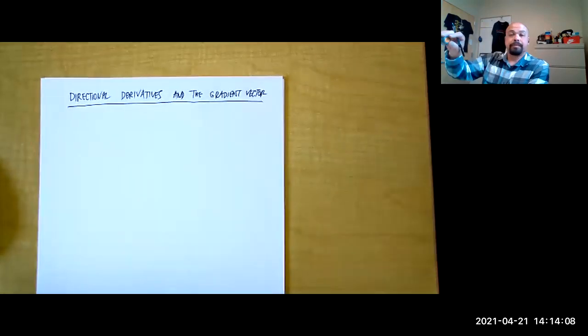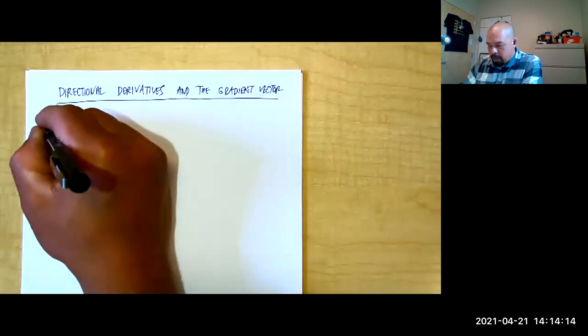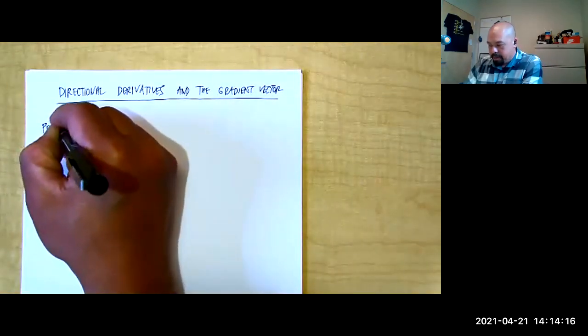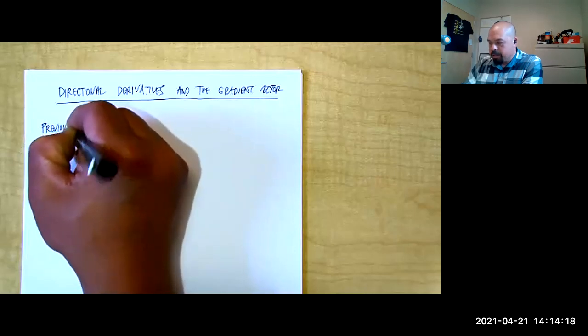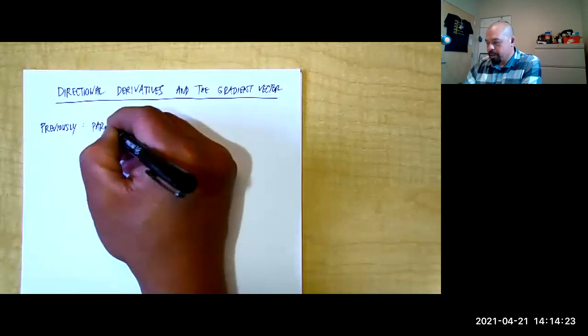So here we are, directional derivatives and the gradient vector. Starting off, like we previously mentioned, we had our partial derivatives.